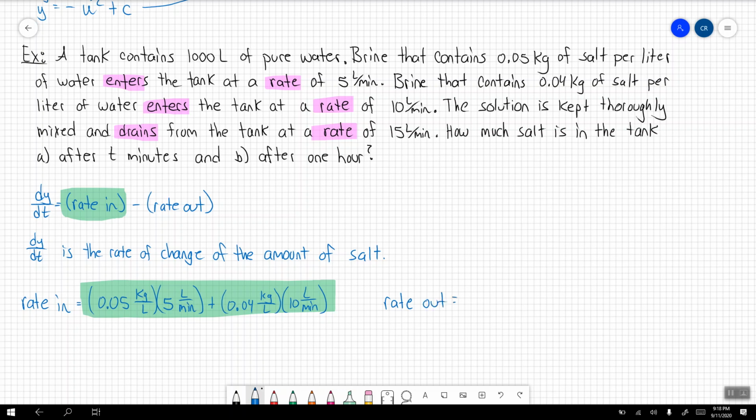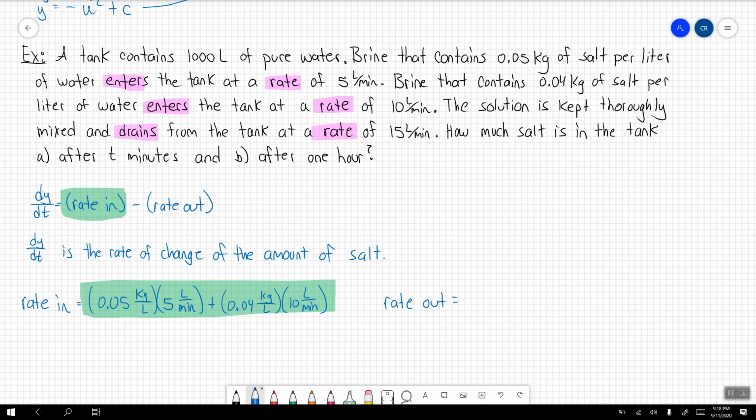For the rate out, the solution is going to be mixed and it's going to be draining. At this point we have no idea how much salt that brine mixture contains in terms of kilograms per liter.